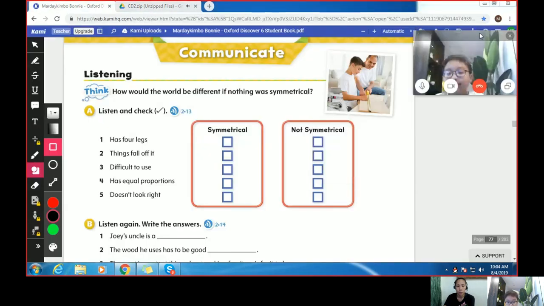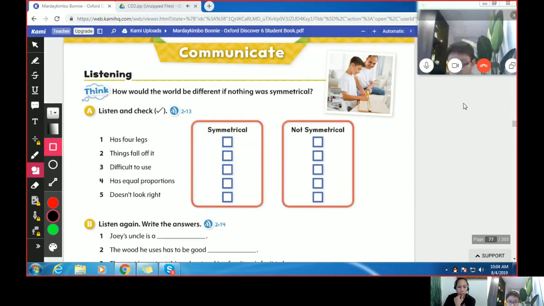Listening. A. Listen and check. Uncle George, can I interview you for my school assignment? Our teacher asked us to interview someone about their job. Sure, Joey. What do you want to know? Well, you're a carpenter, right? Can you make anything anyone wants? Sure. I can make just about anything. Tables, chairs, beds, shelves, you name it.